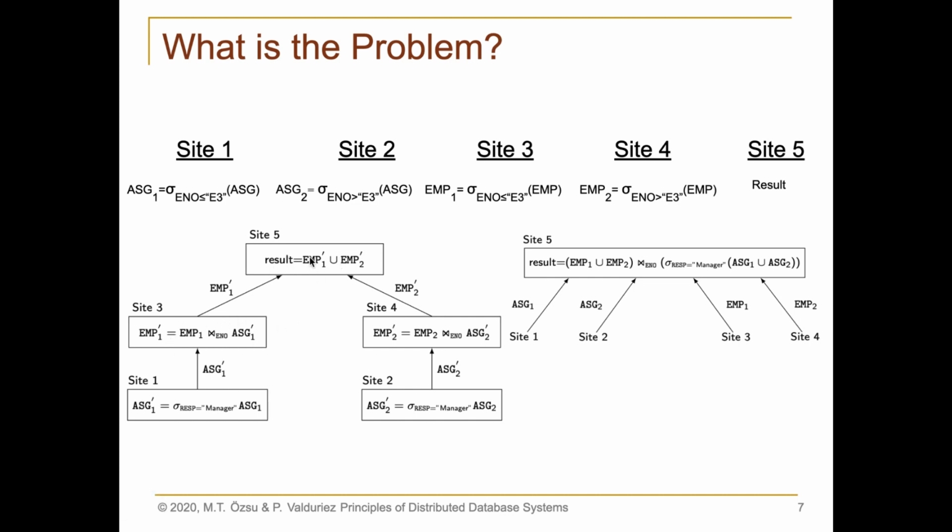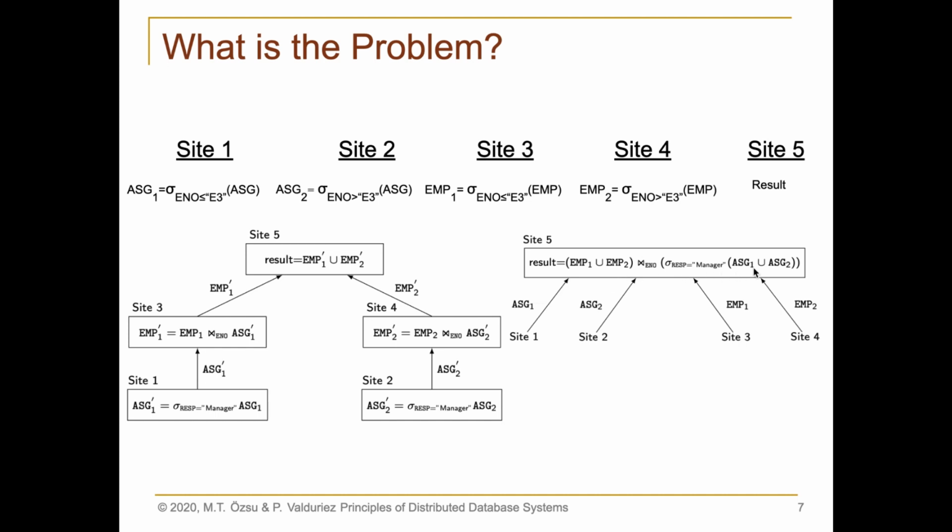In case of the second decomposition and execution strategy, the second one does not really consider the distribution and fragmentation of the relation. It simply collects or transfers all of the fragments to a single site, site 5. For instance, it transfers employee 1 from site 3 and employee 2 from site 4.